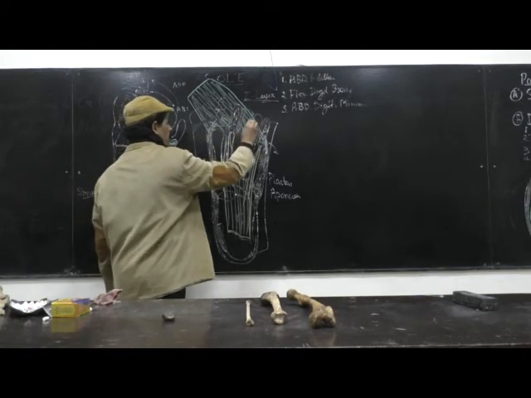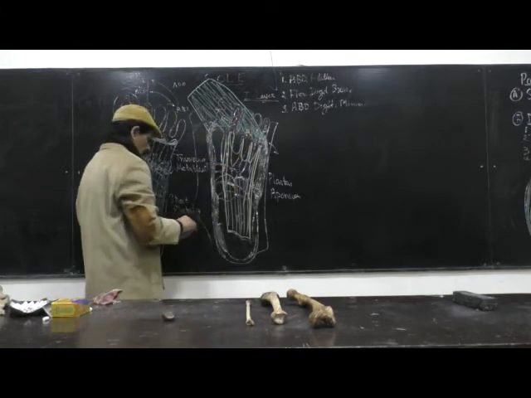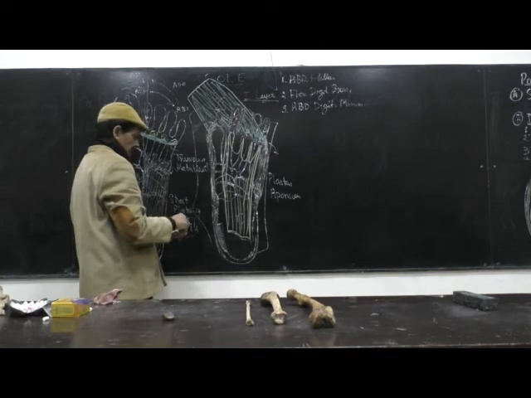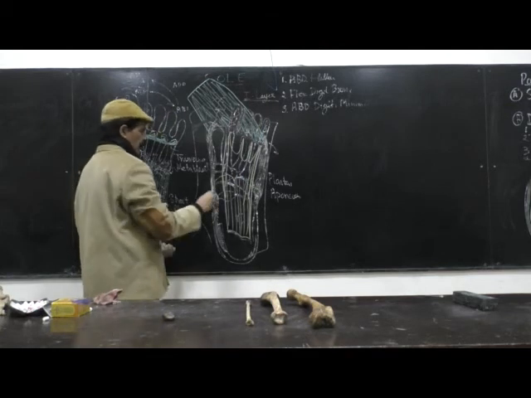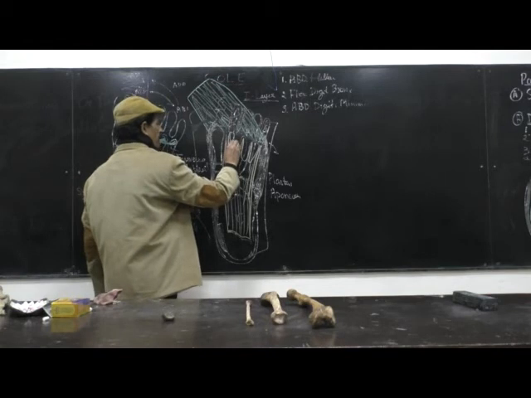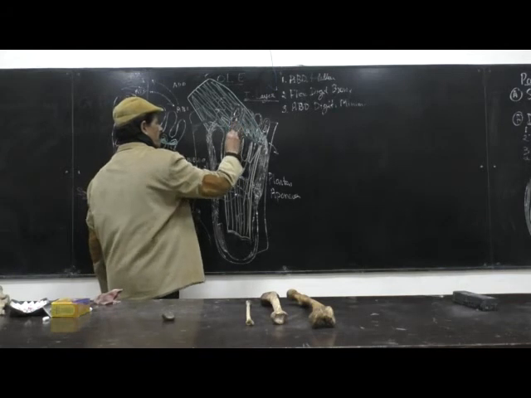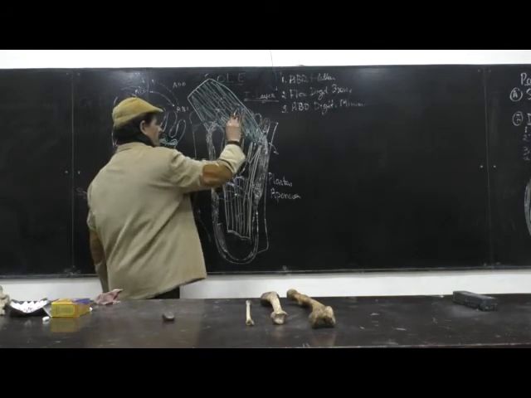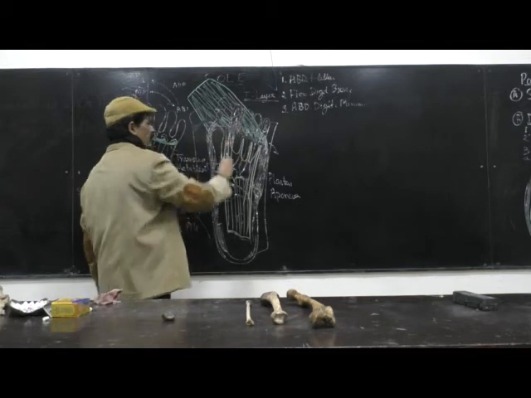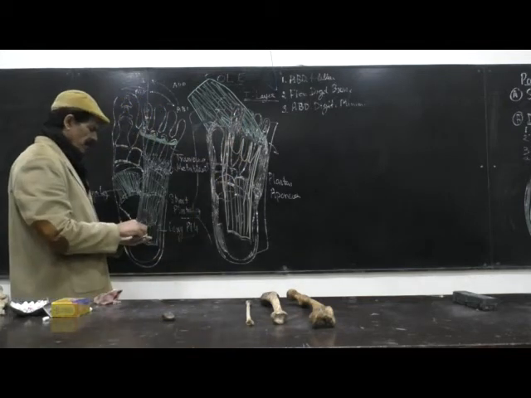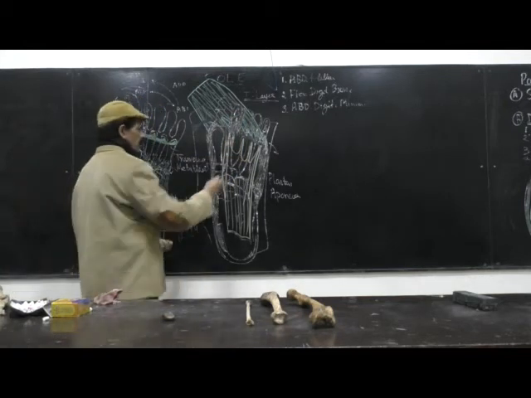All fingers have the same. So this slip will divide into 2 slips and be inserted on either side of the middle phalanx. Either side of the middle phalanx.